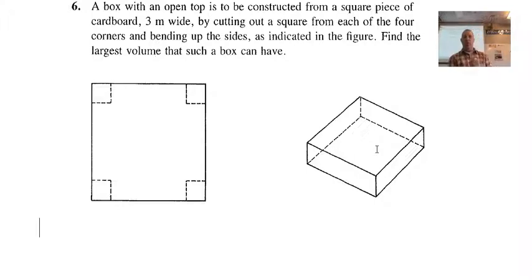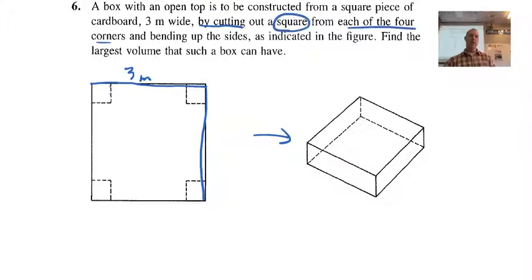A box with an open top is to be constructed from a square piece of cardboard. So envision this, a perfectly square piece of cardboard like this, and we're going to make a box like this out of it. How do we do that? Well, the piece of cardboard is 3 meters wide, and we're going to do that by cutting out a square from each of the 4 corners.